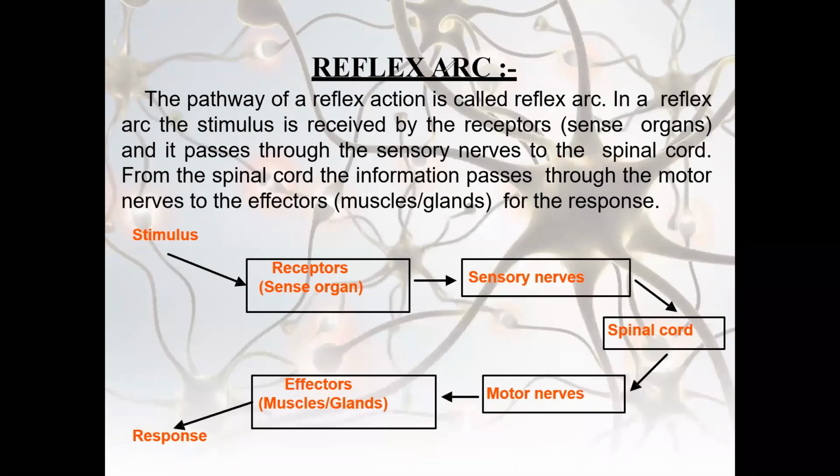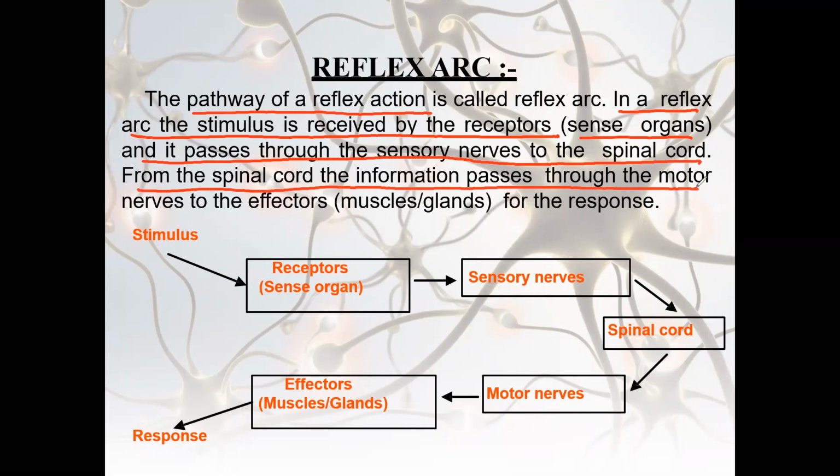Now comes the reflex arc. What is a reflex arc? It's the pathway of a reflex action, right? In a reflex arc, the stimulus is received by a receptor, that is a sense organ, and passes through the sensory nerves to the spinal cord. From the spinal cord, the information passes through the motor nerves to the effector, muscles or gland, for the response.